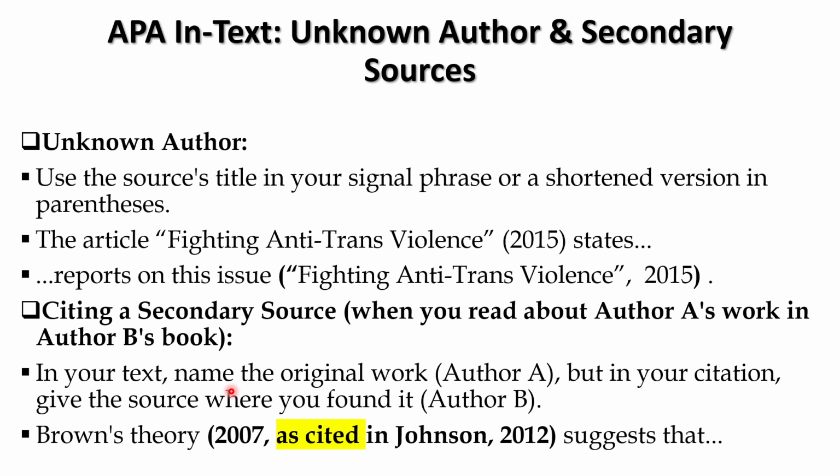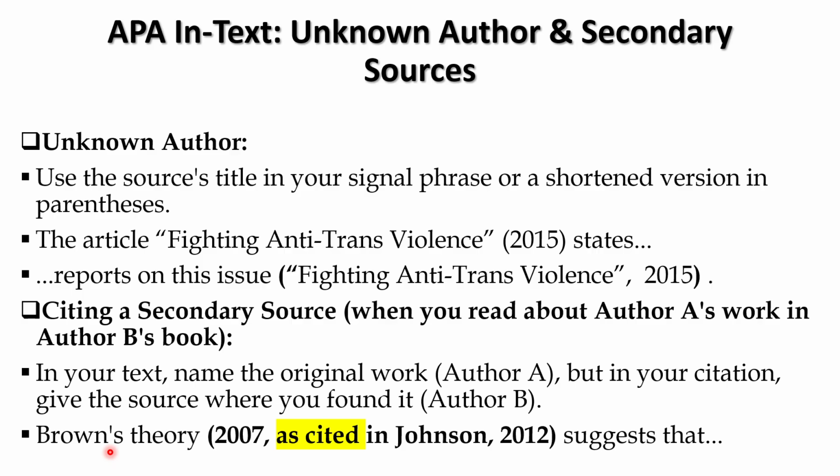So you did not read author A's original work. You read just author B's summary, discussion, or citation of it. For example, imagine you are reading Johnson's book from 2012, and Johnson discusses a theory by Brown from 2007. You want to use Brown's idea, but you never actually read Brown's original work. This is a secondary source situation.